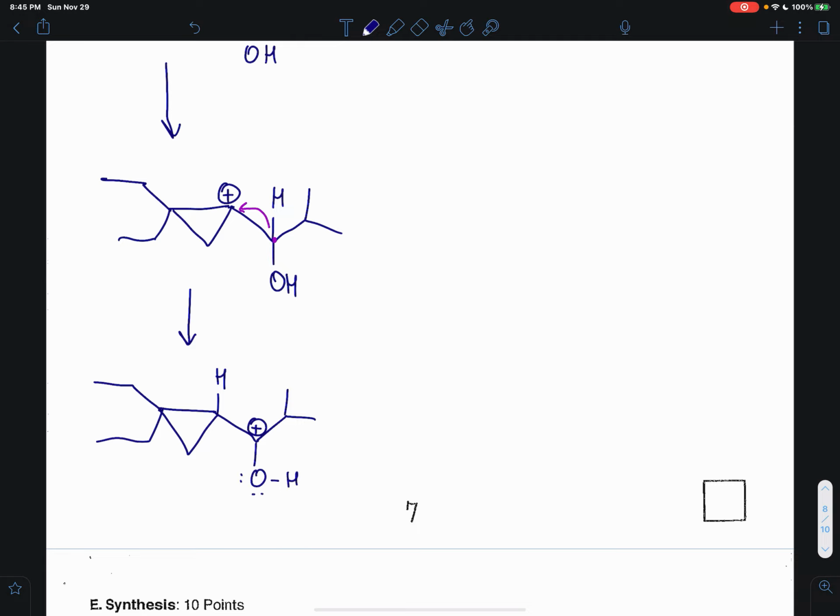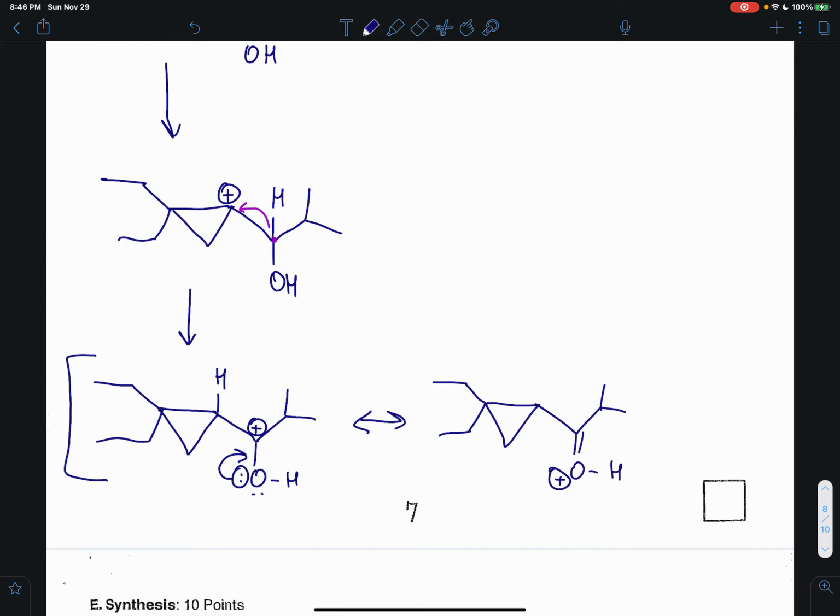Now this oxygen has two lone pairs. One of the lone pairs is going to contribute and form a double bond. I'm just drawing the resonance here, right? So it's going to form a double bond to the OH. So now I have the positive charge on the OH, which is even more stable.